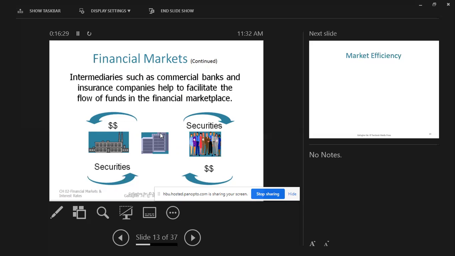We're going to talk about those intermediaries in more detail in the next chapter. Think of commercial banks, credit unions, savings and loans, insurance companies, and pension funds. All of them are called intermediaries, the third party.